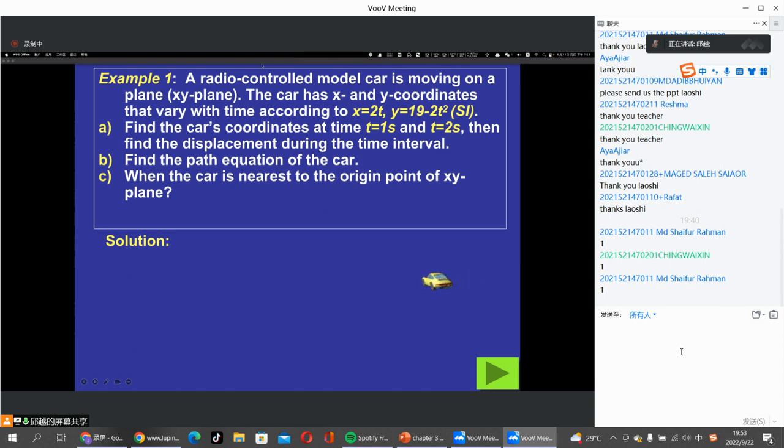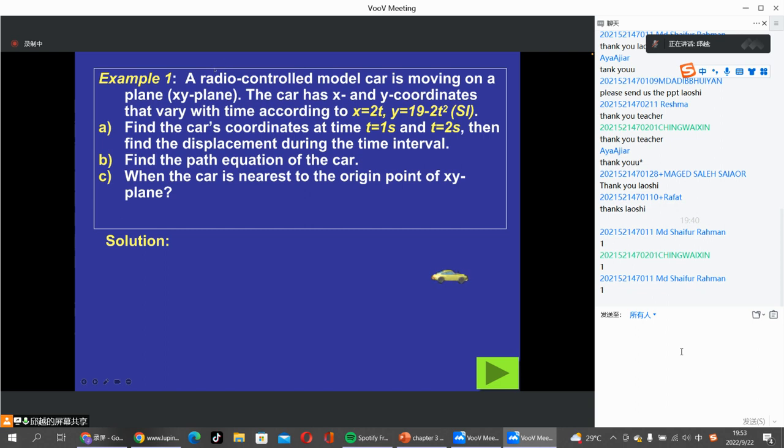Okay, please find a pen and a paper to calculate and write down, type your answer in the chat box.